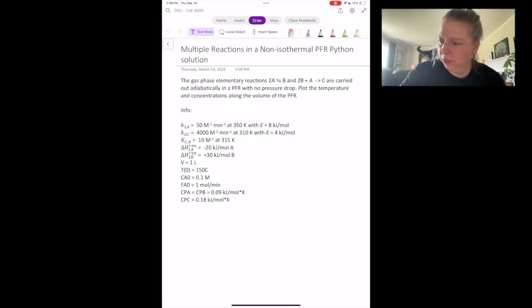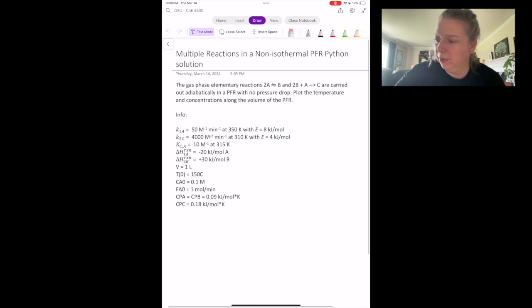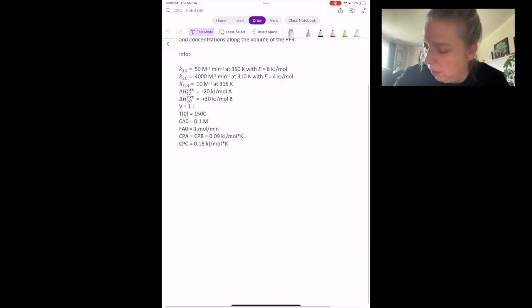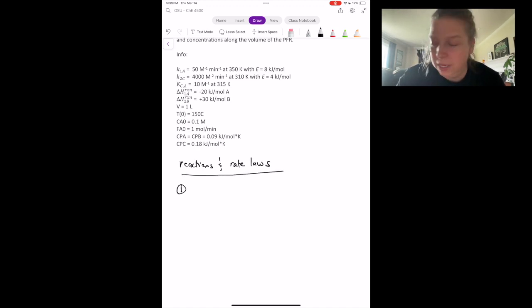So the first thing I want to do, these are elementary reactions, and we aren't given rate laws, so I want to write those down. So I'll say reactions and rate laws. So we have reaction 1 is going to be 2A goes back and forth to B, and the rate law there is minus RA is equal to K1A times CA squared minus CB over KC.